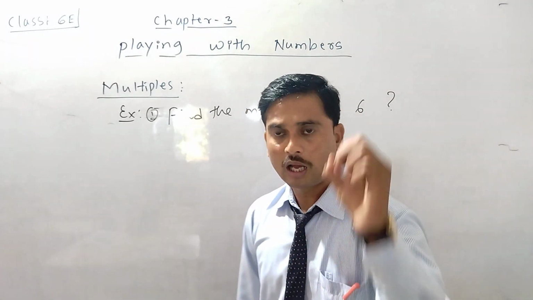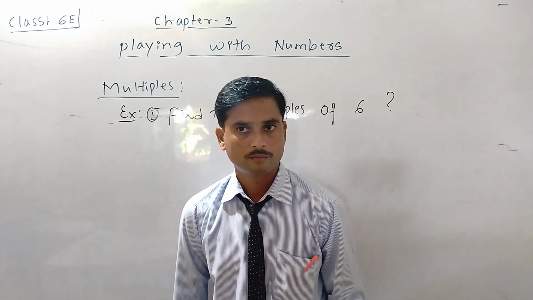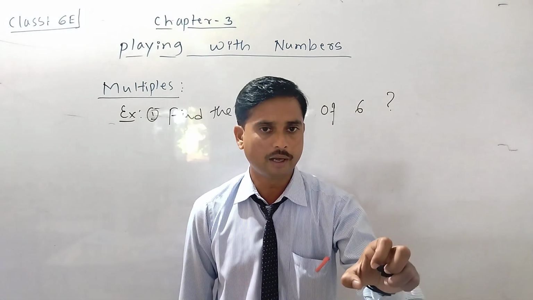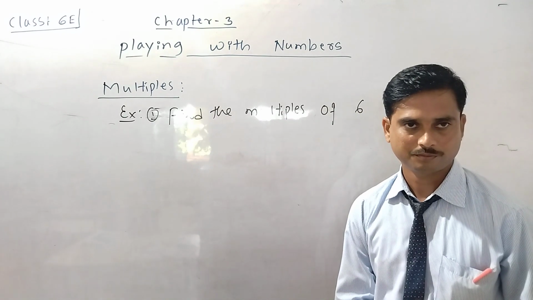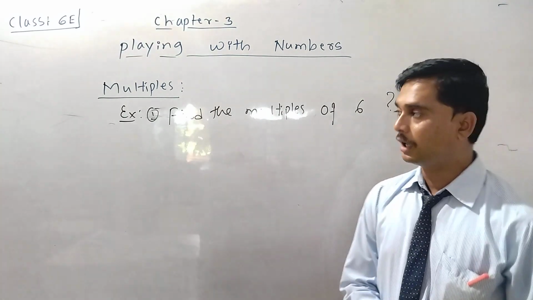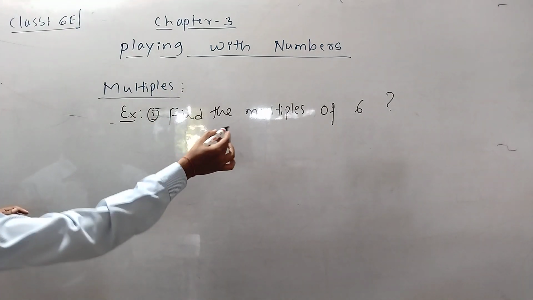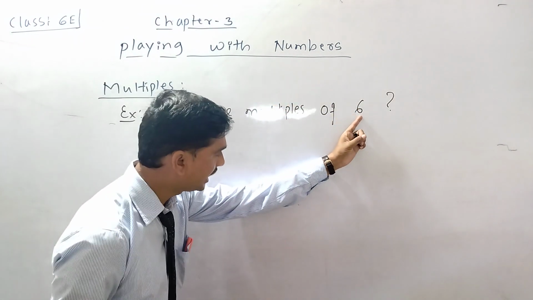Sir, factors are uncountable. Is it true? No. Factors are countable, multiples are uncountable. Okay. Remember how it is possible. Now I am going to show you. Find the multiples of 6 means the given number is 6.